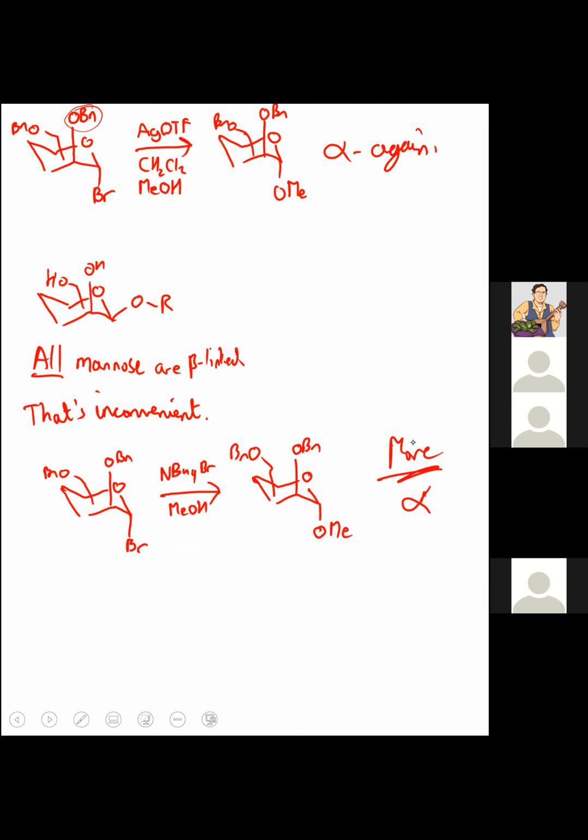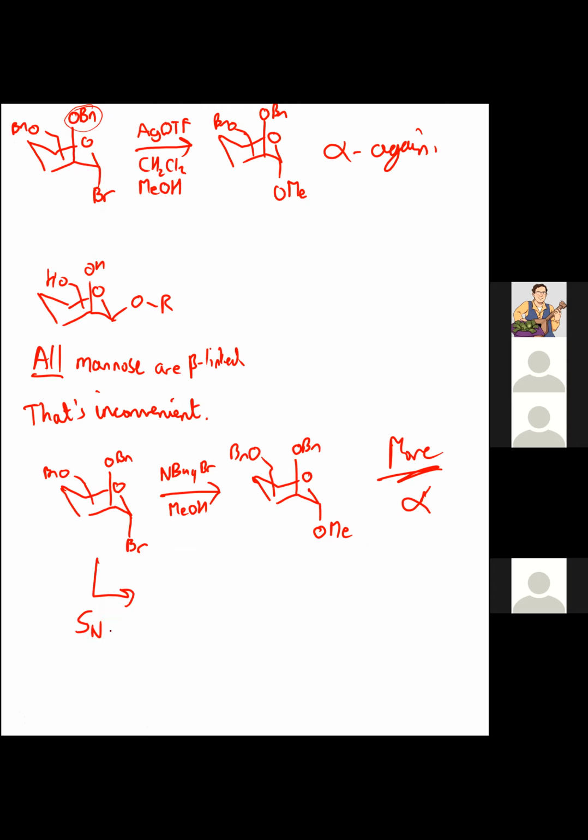That will allow the methanol to attack from the beta end. What do you want to attack on? The carbon attached to bromine. Do you want the bromine still attached? Yeah, it would be the quick SN2.